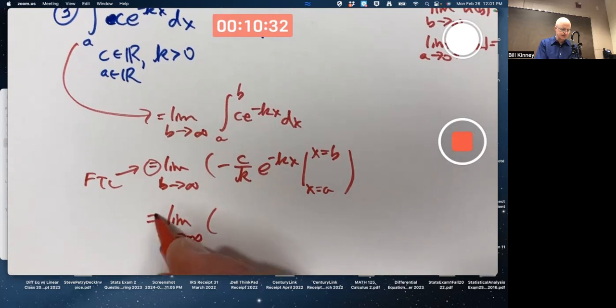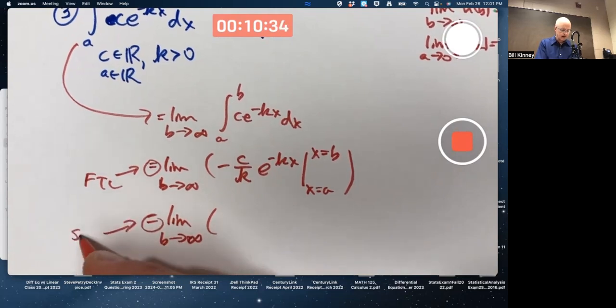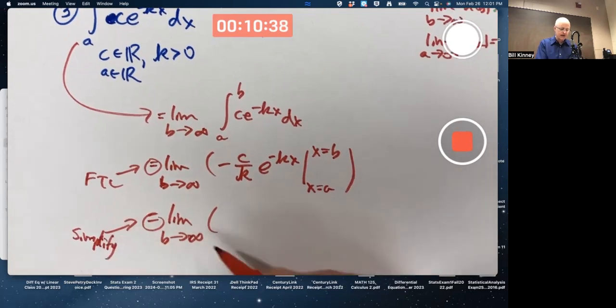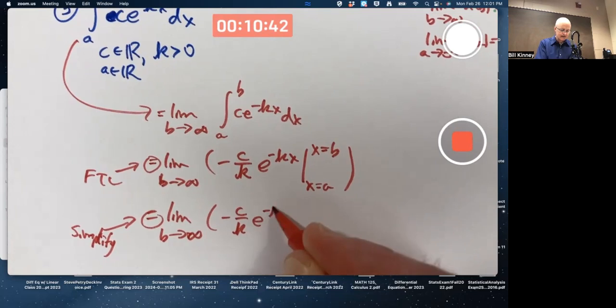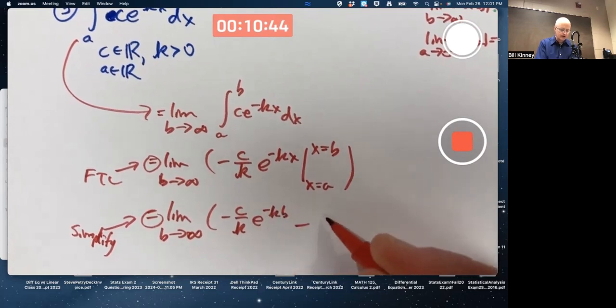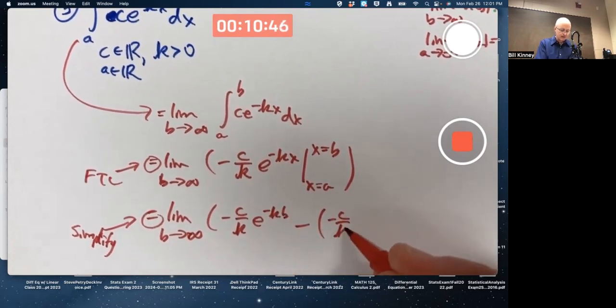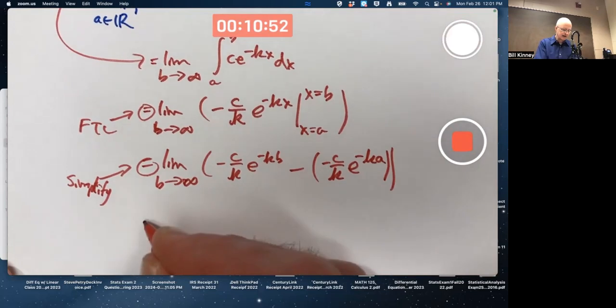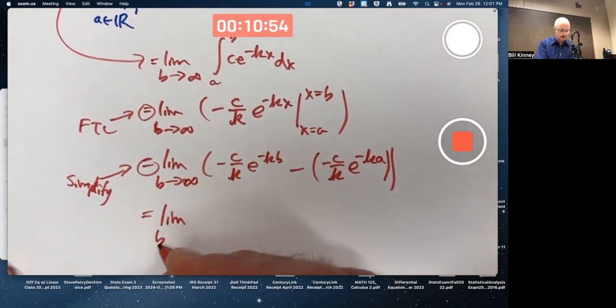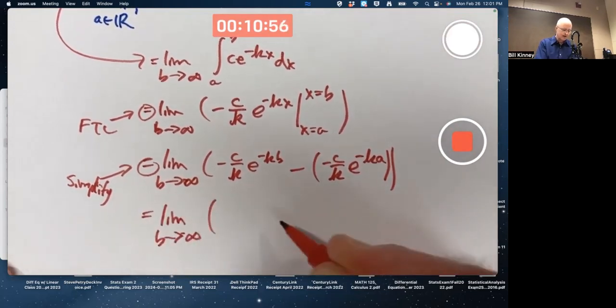Now I'm just simplifying. Plug in x equals b like this and subtract what you get when you plug in x equals a, making a pretty complicated looking expression that I'm going to rearrange a little bit.